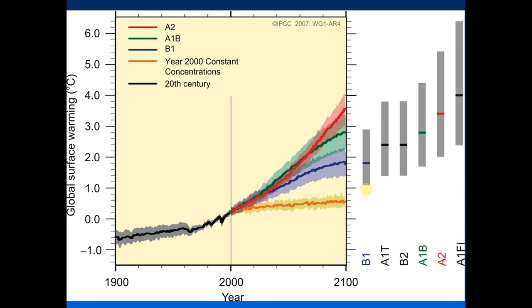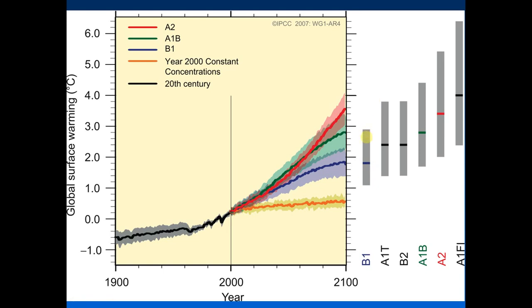Well, there's also uncertainty regarding the temperature increase for a certain run, because remember, there are multiple runs for each scenario, okay? So most likely, if the world follows the B1 emission scenario, global temperature will rise 1.8 Celsius from 2000 to 2100, 3.2 Fahrenheit, but it could be anywhere from 1 to 3 Celsius.